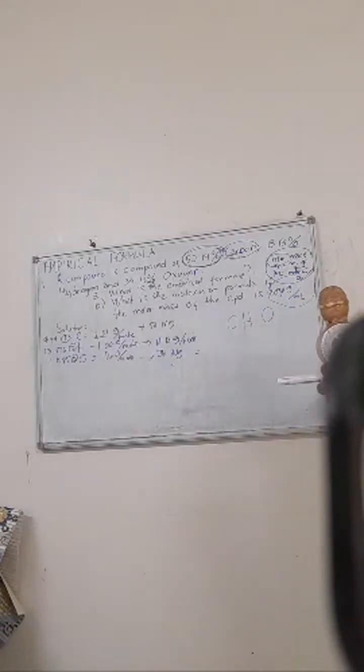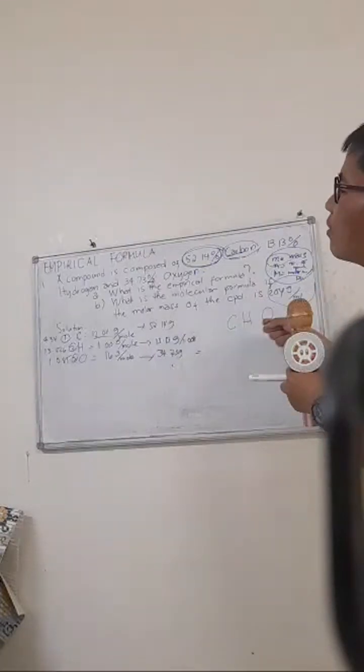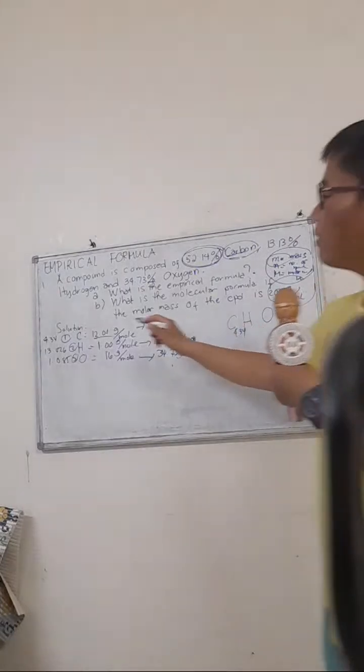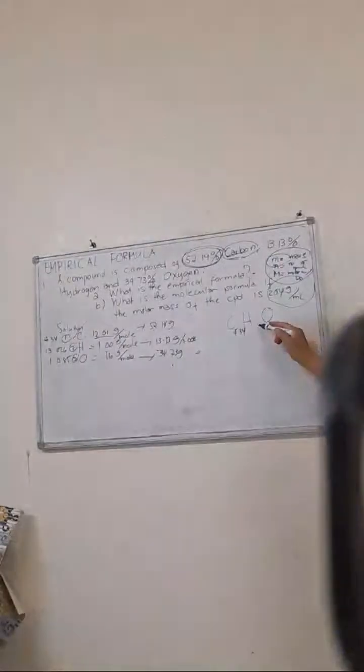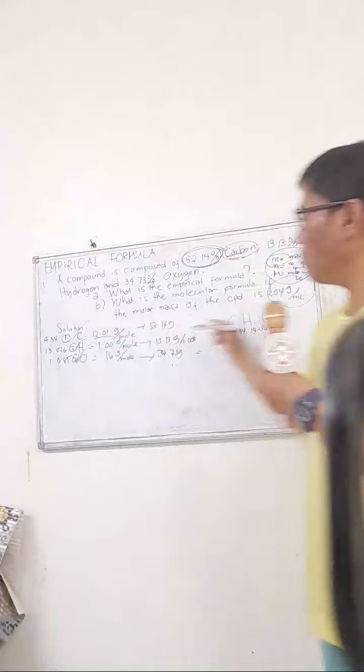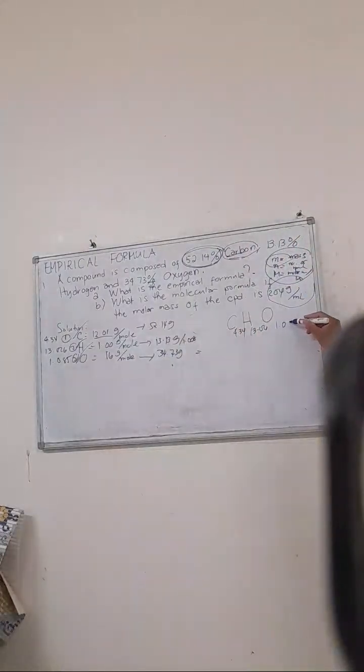Now you will supply the x, y, z in the subscripts of carbon, hydrogen, and oxygen. So you put 4.34 for carbon because you solved it already, 13.026 for hydrogen, and 1.085 for oxygen.